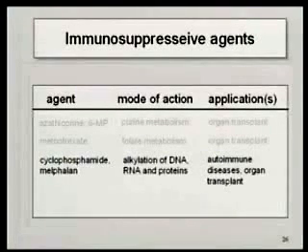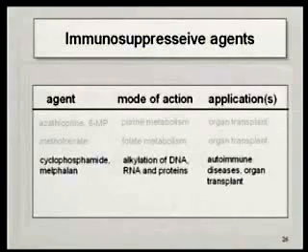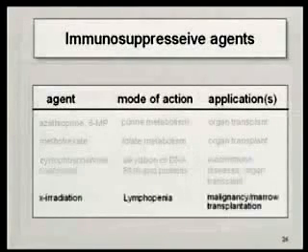Extremely toxic. There are other problems with the use of cyclophosphamide and melphalan, and their use is reducing now. However, they are still used in some transplant cases as well as autoimmune diseases.